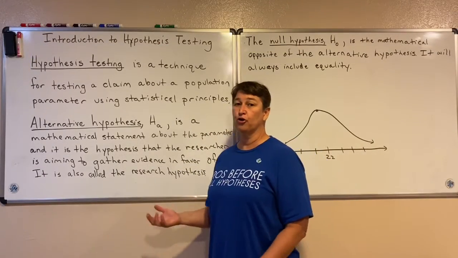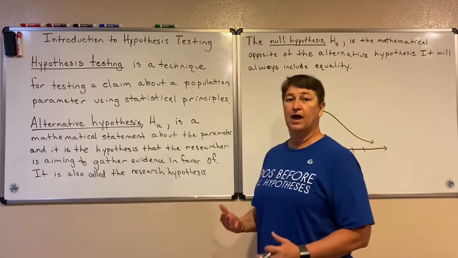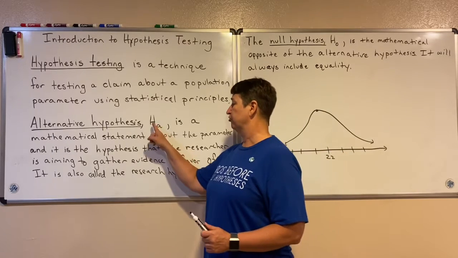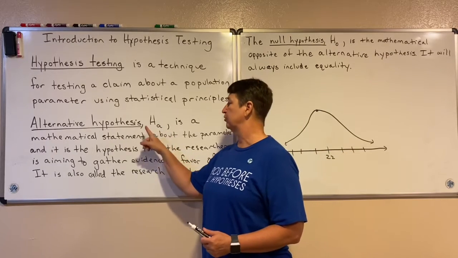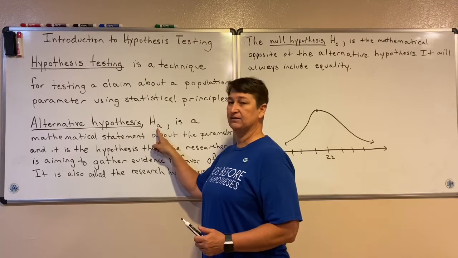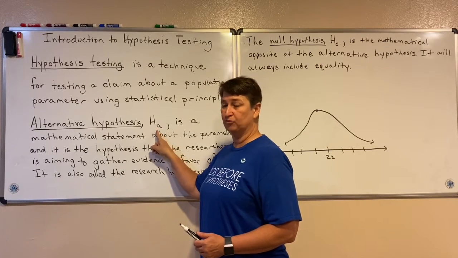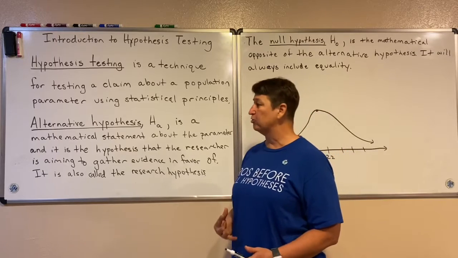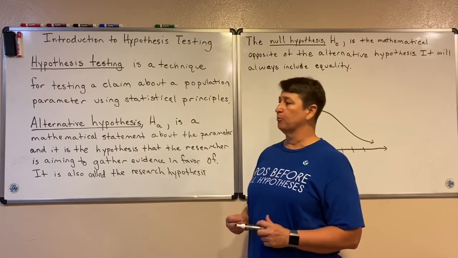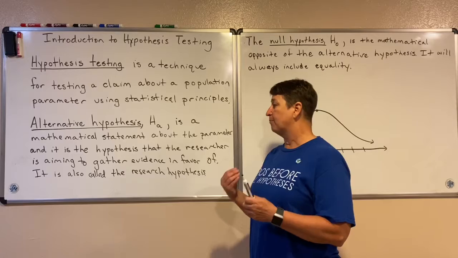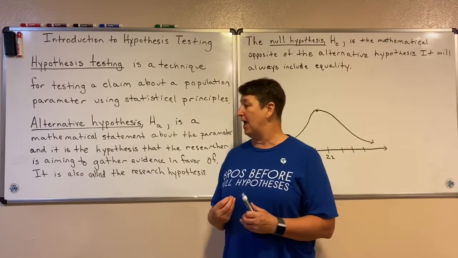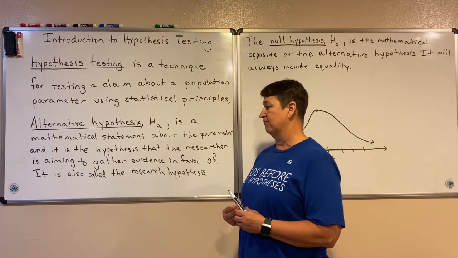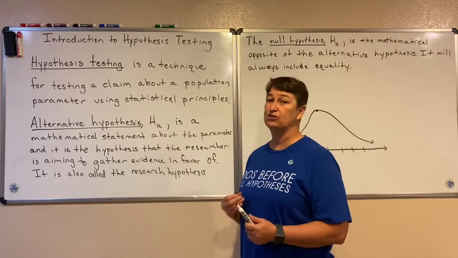So I have an alternative hypothesis. An alternative hypothesis we write with a capital H and a lowercase a as a subscript. Our alternative hypothesis is just a mathematical statement about our parameter. And it's the hypothesis that we want to gather information or evidence in favor of. It's also called the research hypothesis.